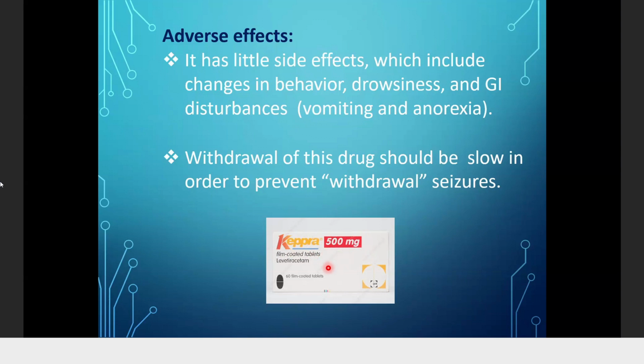Okay, it's a film coated drug and it contains levetiracetam. As you can see here, when it's in the caplet form and there is a line in the middle, that means you can cut it in half. So if the animal requires 250 milligram, just cut the tablet in half.